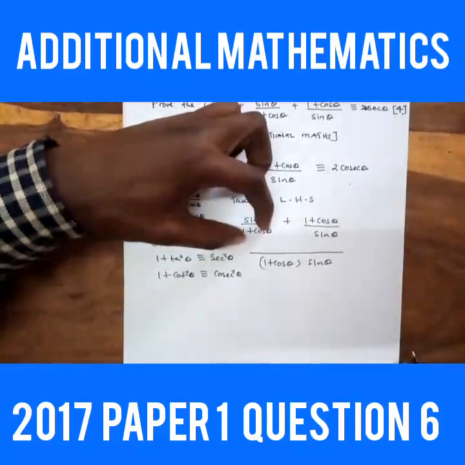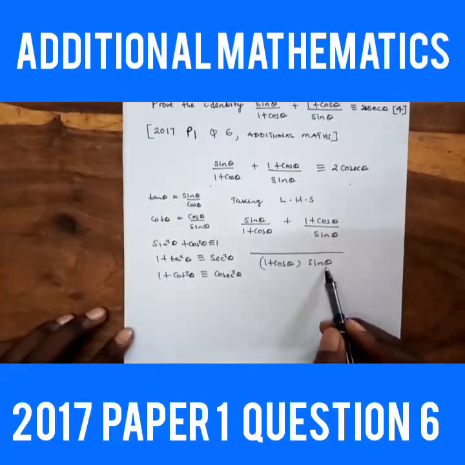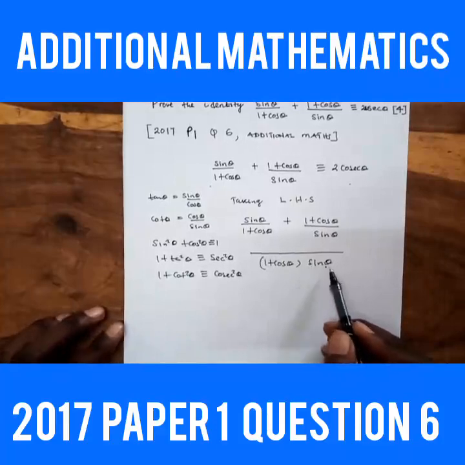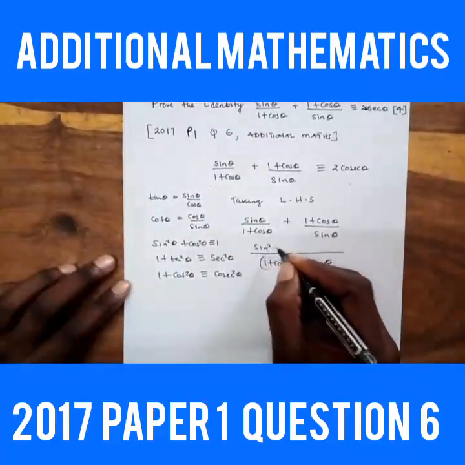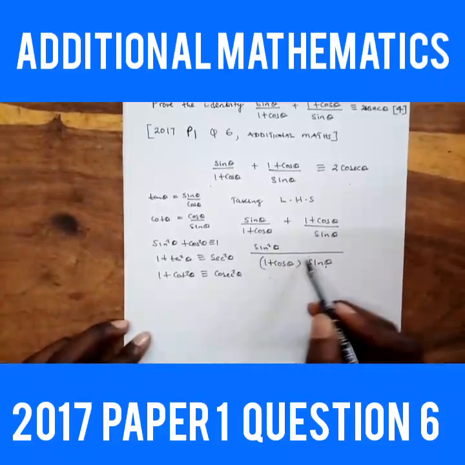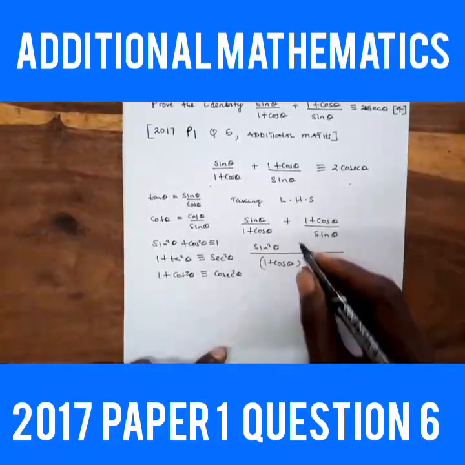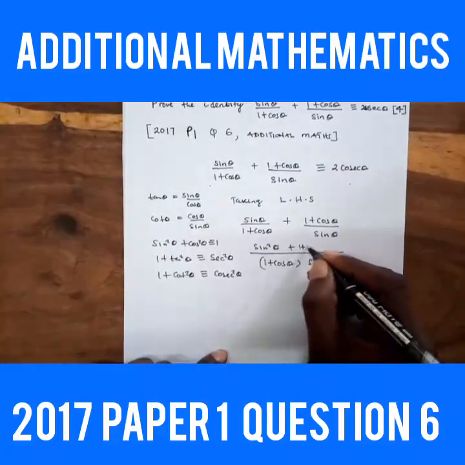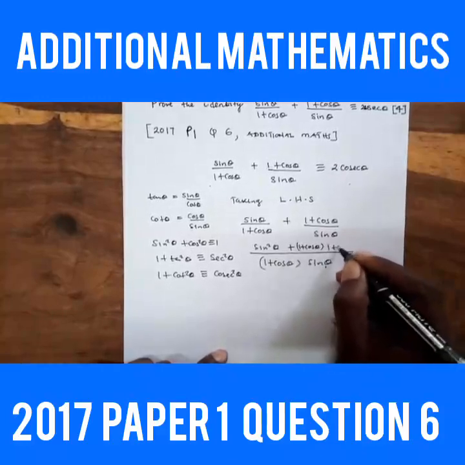So sine theta multiplied by sine theta will give us sine squared theta. Then 1 plus cosine theta multiplied by 1 plus cosine theta.